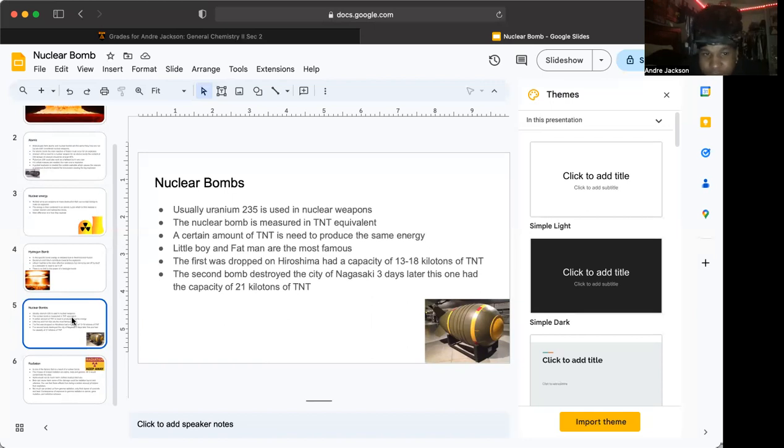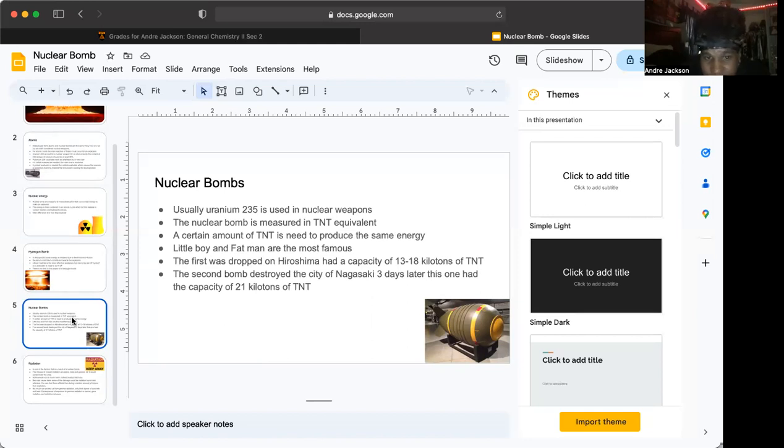The first one was dropped on Hiroshima and had a capacity of 13 to 18 kilotons of TNT. The second bomb destroyed the city of Nagasaki 3 days later. This one had a capacity of 21 kilotons of TNT.